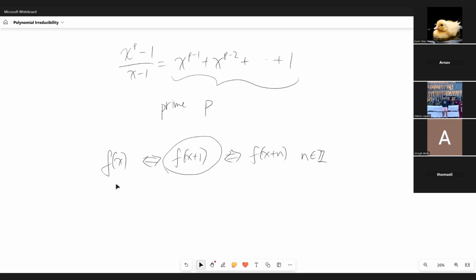If it doesn't work for f(x), it doesn't mean it's going to work for f(x + n). But this is just worth trying, especially in Olympiads.